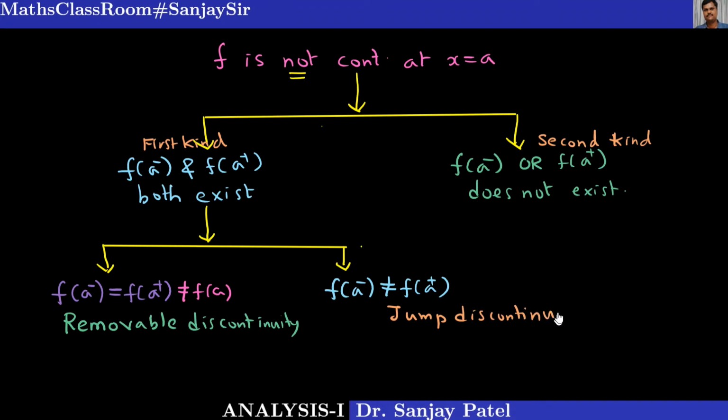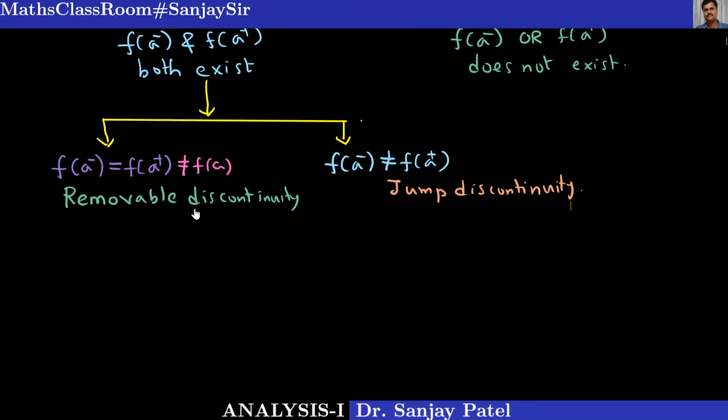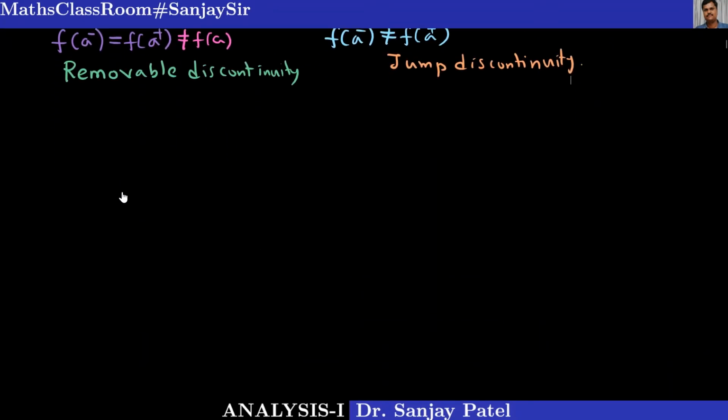So this way we can classify the discontinuities of the function. Let us write a more precise definition, and then we'll take examples of different types of discontinuities. Some very important and interesting examples we'll be discussing. So let us start with the definition first.